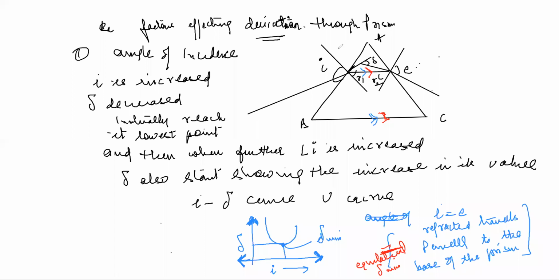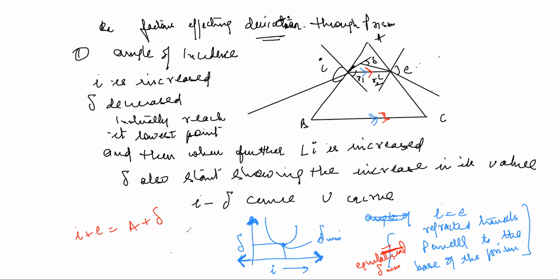So now this was all about the angle of incidence, and we had proved a formula for these two things. The formula was I plus E equals A plus delta.